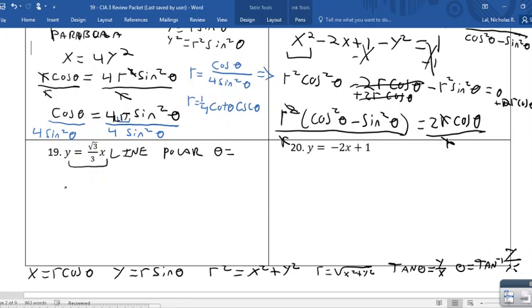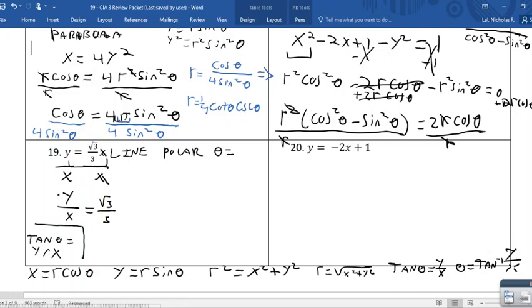All right? So, with all our formulas in mind, for a line, which is represented by an angle, we can divide each side by x here. The x's will cancel out, and we will have y over x is equal to root 3 over 3. And one of our polar conversion formulas is that the tangent of theta equals y over x.